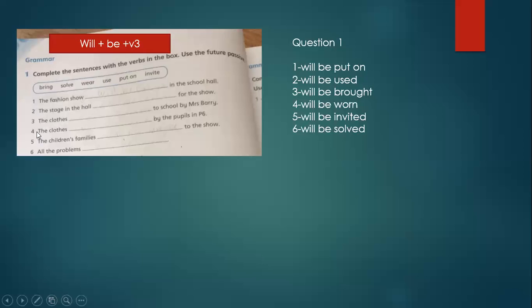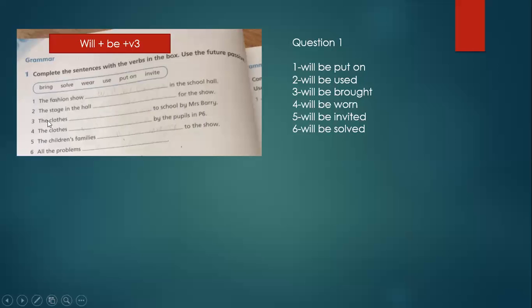Okay, the clothes will be brought to school by Mrs. Berry. Here, the clothes will be worn, verb 3 of wear, worn by the pupils. Pupils is the same as students, okay?